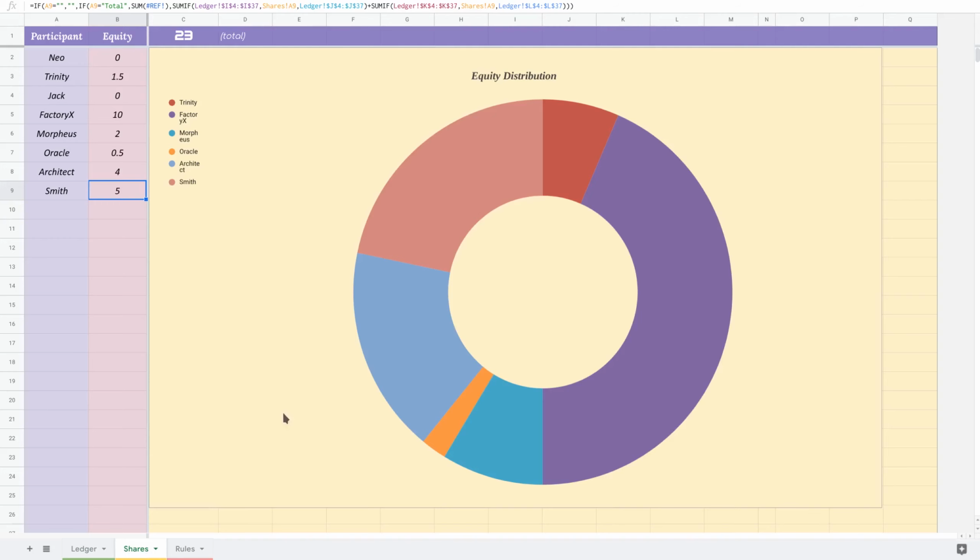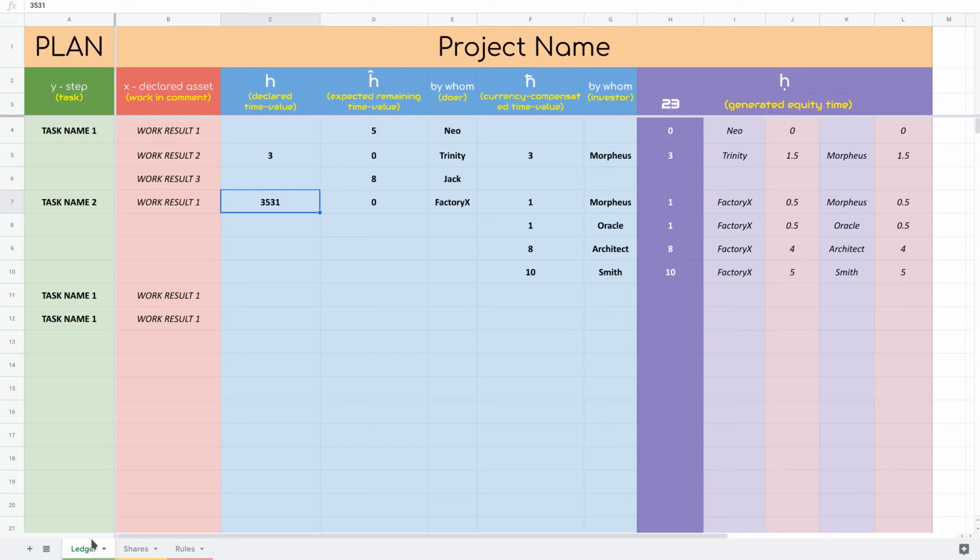And in this case, there was nobody. Factory X has 10 shares because they added the money to compensate this. So this is Factory X. Totally they generate 20 additional shares.